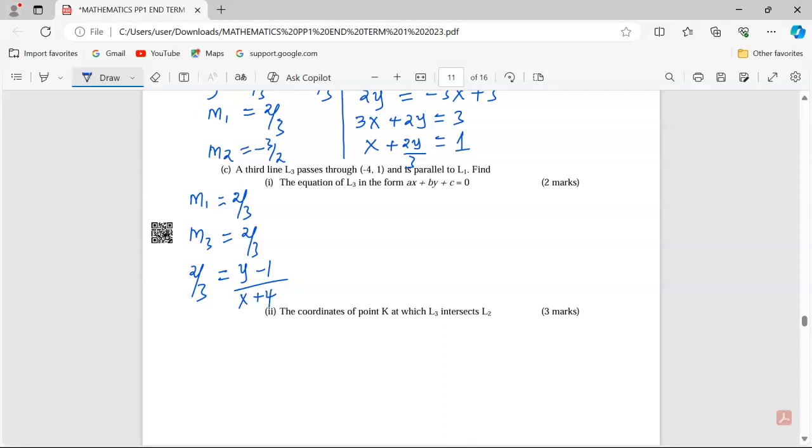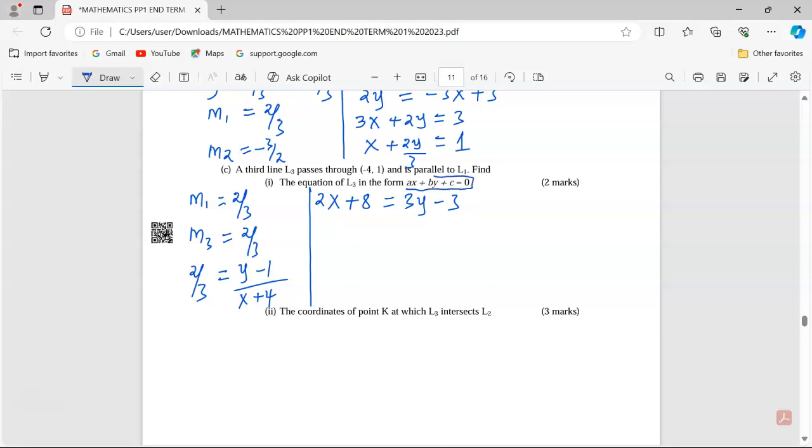Now we can cross multiply. We start with 2 multiplying x, and 2 multiplies 4 to give us 8. Then 3 multiplies y, and 3 multiplies -1. Now we're going to stick to the format up here.